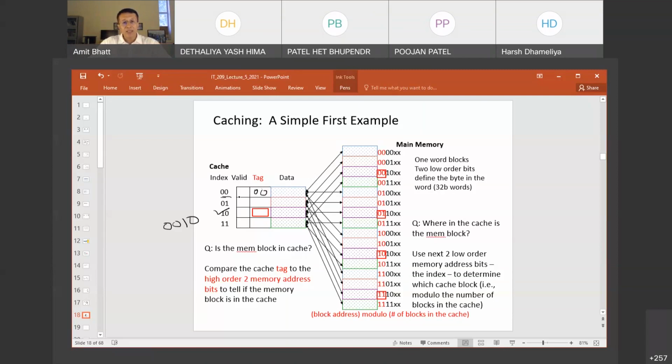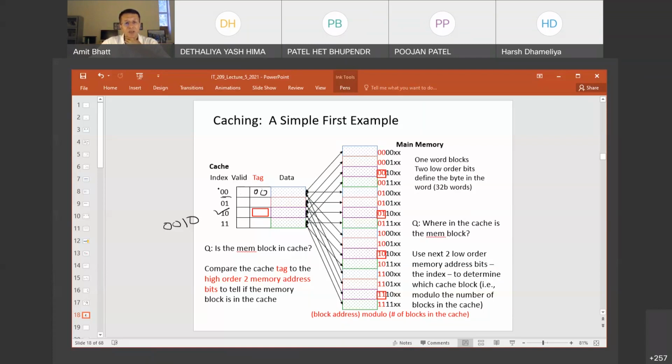That is going to be a killer, right? Because they all want to sit in the same index. So let's say initially everything is empty. It first goes to main memory, brings this data or instruction, whatever you want to call it, and puts it over here. After that, it says, okay, now I want 0100.